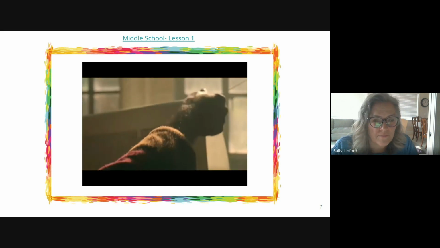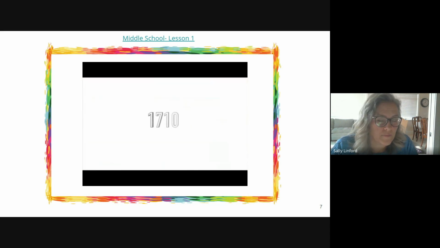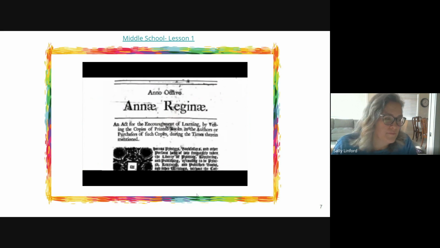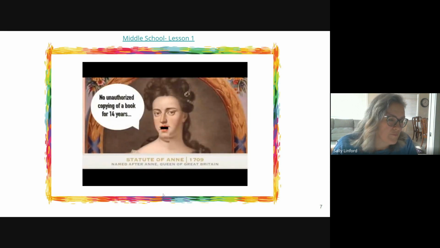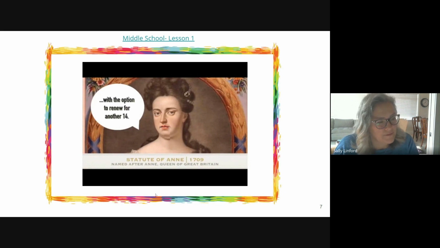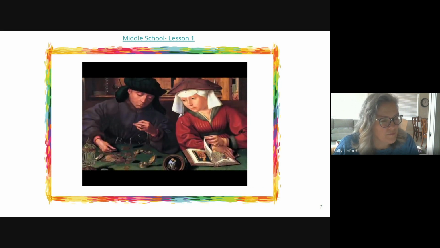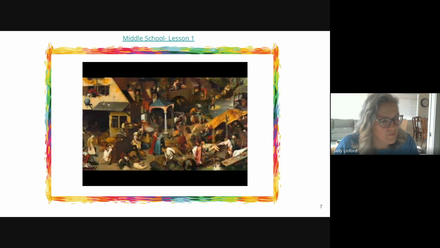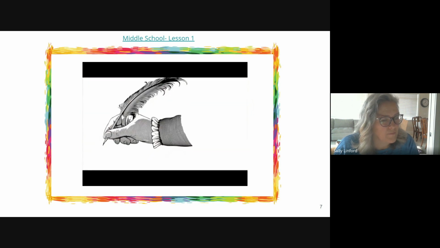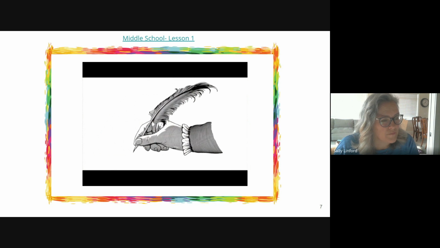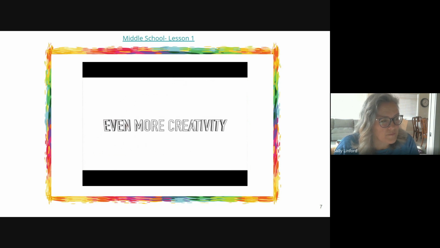Does that seem fair? No way. So, in 1710, the British government passed the Statute of Anne. No unauthorized copying of a book for 14 years, with the option to renew for another 14. By the way, unauthorized means without permission. So authors had time to earn some money from their work before it fell into the public domain. The idea was to encourage them to keep writing, which means even more creativity.